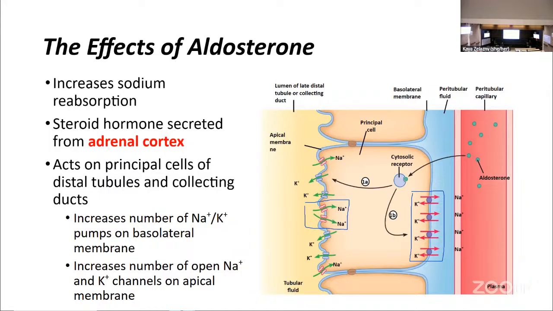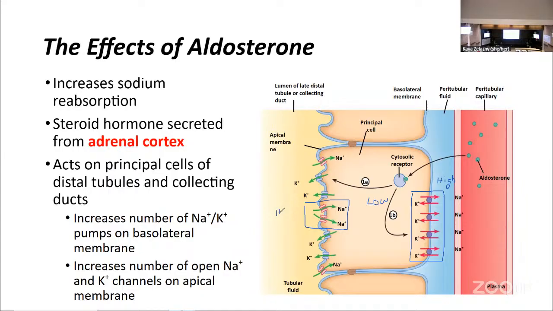But when we look at potassium, we want to make sure that we are tracking potassium's gradient, where potassium is high and low, because it's pretty much always the opposite of sodium. If we're looking at sodium, we made a gradient where we have really high sodium towards our peritubular fluid and really low sodium inside this principal cell. Now we've opened up these sodium channels.